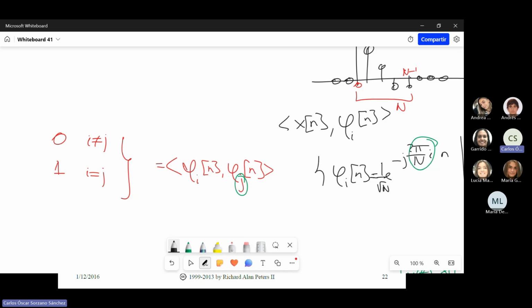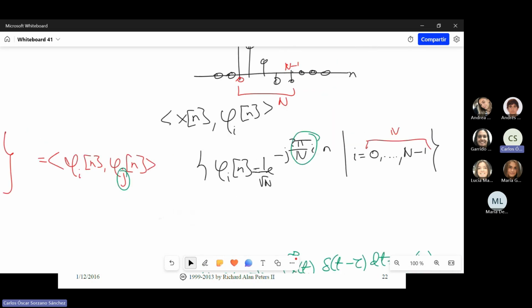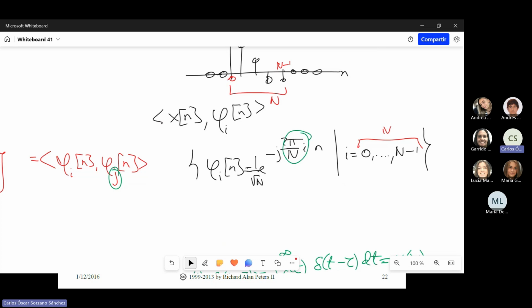If you take any elements of your basis functions, and we have n of them, you take two that are different. You compute the length of the projection of one onto the other, and it is 0 if the frequencies are different.